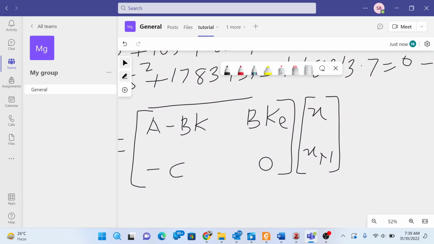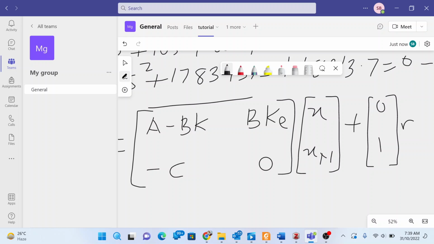And this is equal to plus 0 1, 0 1 arrow, right? 0 1 arrow.